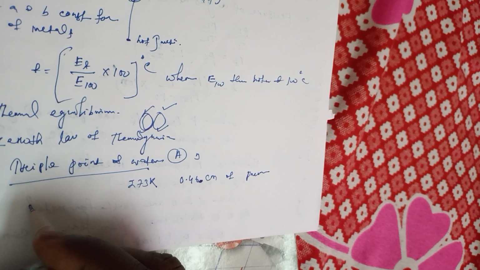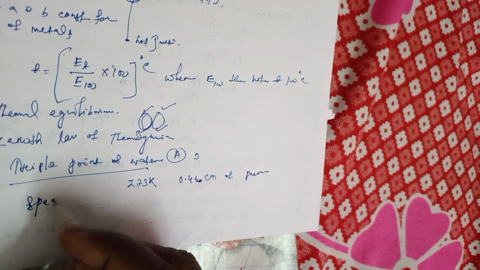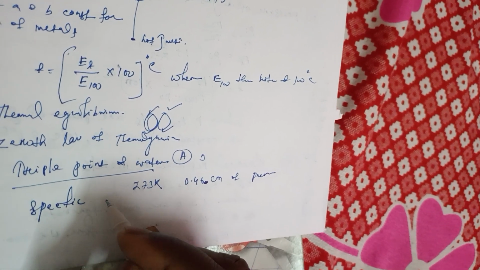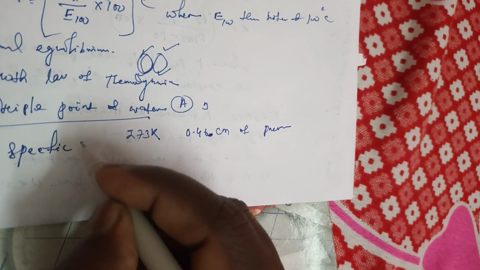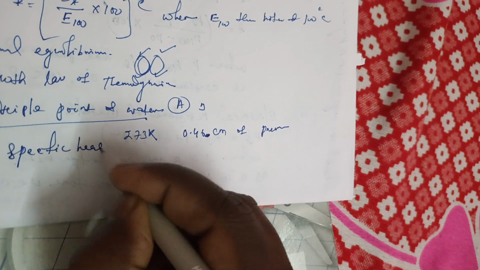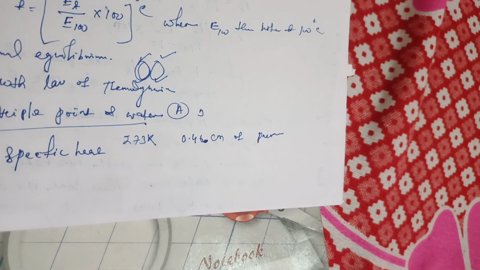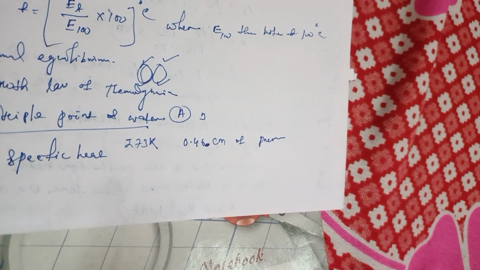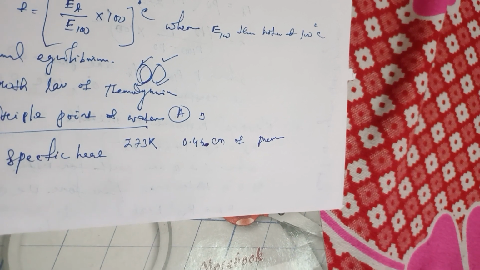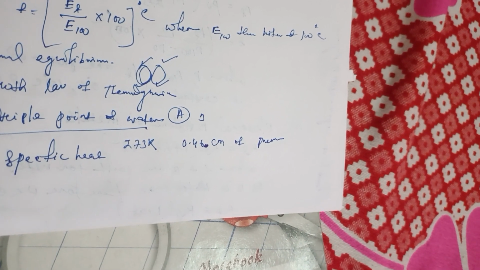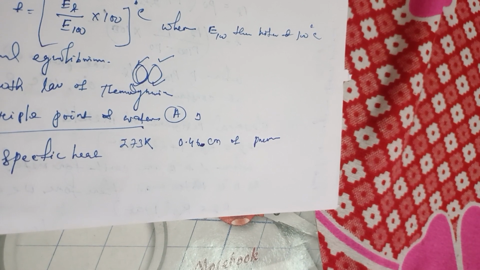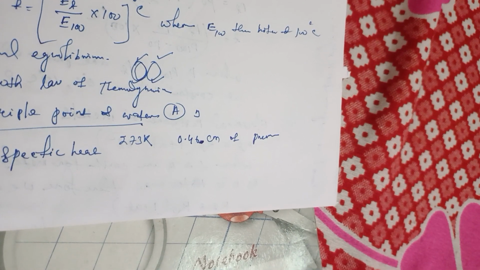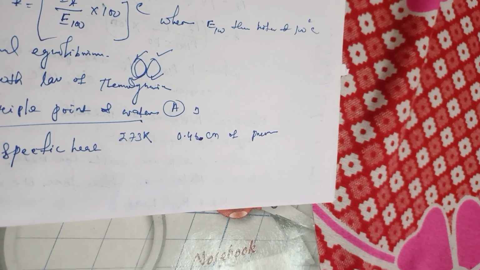Specific heat. The amount of heat required to raise the temperature of a unit mass of a substance through 1 degree centigrade is called specific heat.